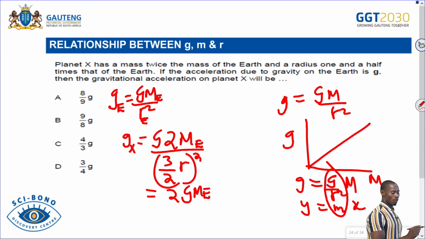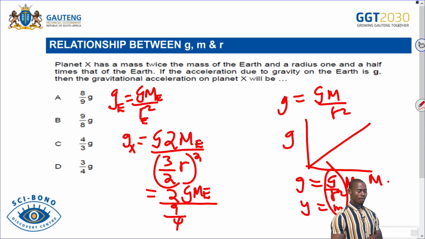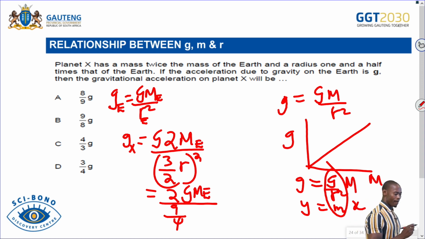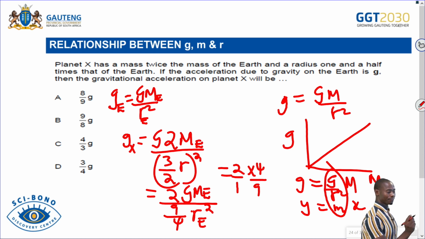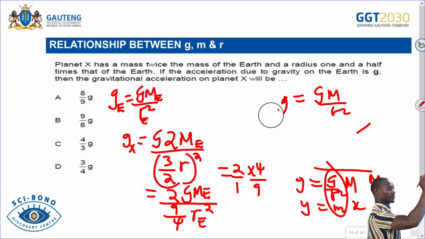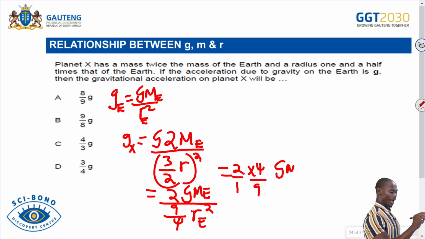GME over 9/4, because it's 3/2 squared. Then r squared. And remember, this r squared is the radius of the Earth, which is 2 over 1 times 4 over 9. Times 4/9 GME over r squared.